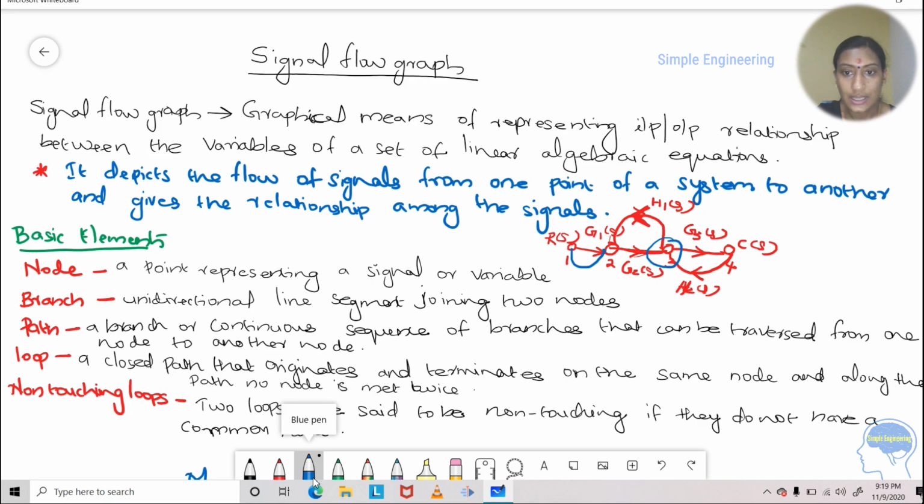If one loop is there, for example, you can take, it will start from node 2 and come back again to node 1, and I can take it as H3 of S, like that.